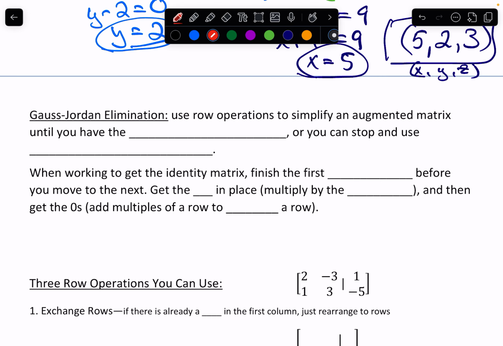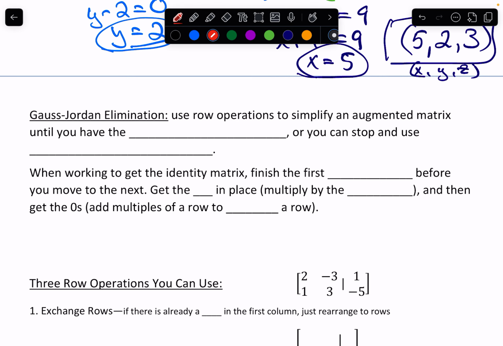So remember, the identity matrix is where we have ones on the diagonal over here, and then we'll have C1, C2, and C3. Or you can stop and use back substitution. That is the other option. So it's either whichever one comes first, whichever one is easier.